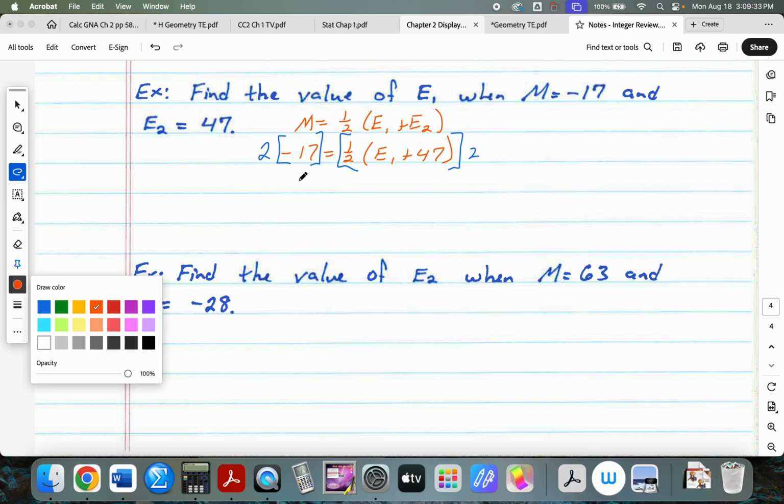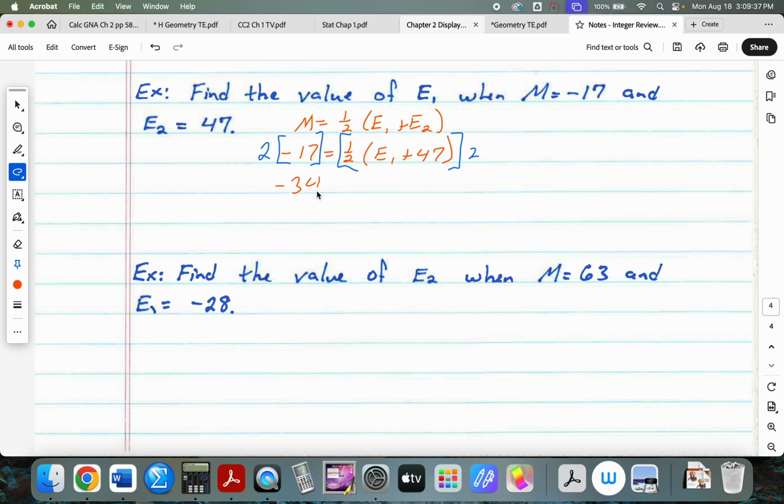So negative 17 times 2 is negative 34. Here, 1/2 times 2 is 1. It gets rid of the fraction for you, and I'm all about getting rid of the fractions. So this is equal to E1 plus negative 47.